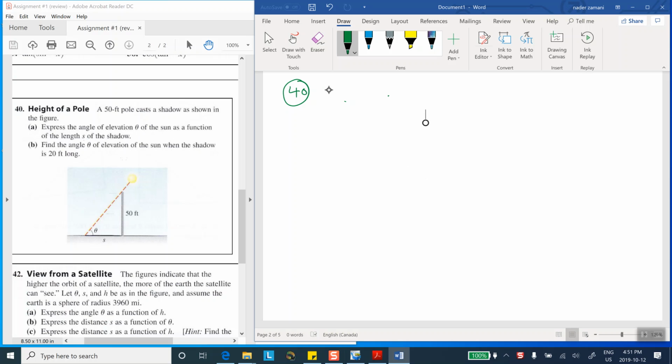Well, that's pretty straightforward. In the triangle that you see there, we have tangent of theta, opposite over adjacent, so 50 over s, and therefore s is equal to 50 divided by tangent of theta.